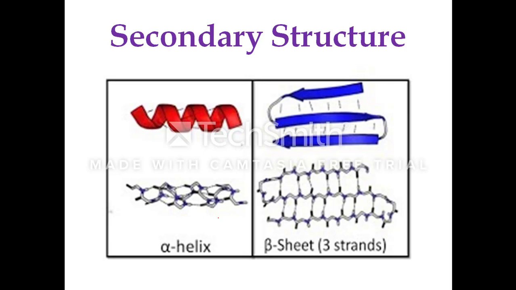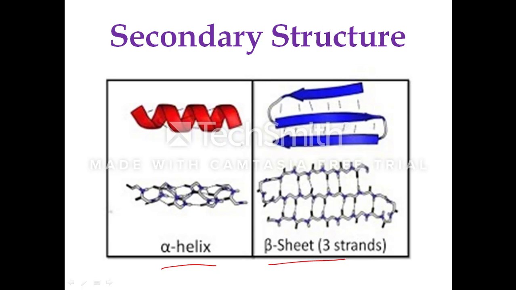Based on the nature of the hydrogen bonding, Pauling and Corey identified 2 types of the secondary structure. One is alpha helix and another one is beta pleated sheet. First we will take up alpha helix.